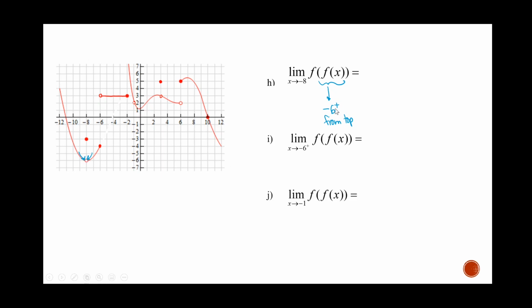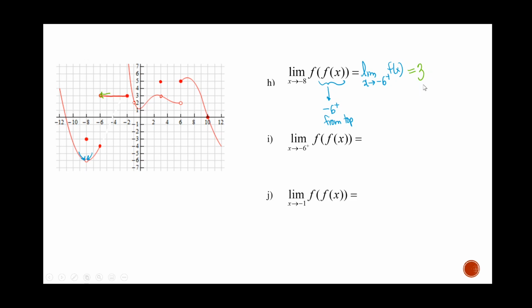So I'm going to be very specific that it's approaching -6 with a little plus sign. Then I think about what happens when we approach the outer function, which happens to be the same function again. So -6 with a plus sign would be approaching -6 from the right side. That's going to be over here, and it's approaching that 3 value.